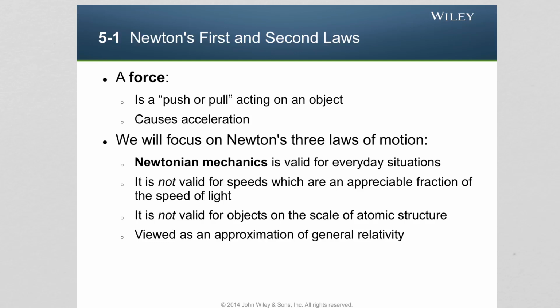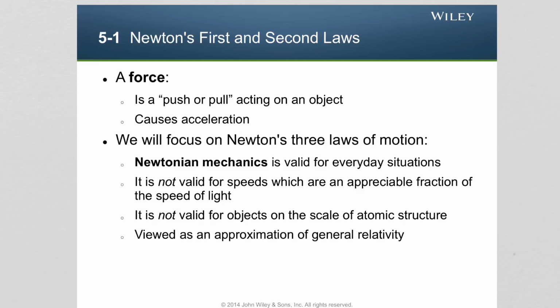Newtonian mechanics is valid for objects with measurable size, such as everyday objects that we deal with in our life. However, it is not valid for objects that are on an atomic scale structure. So elementary particles do not obey Newtonian mechanics.